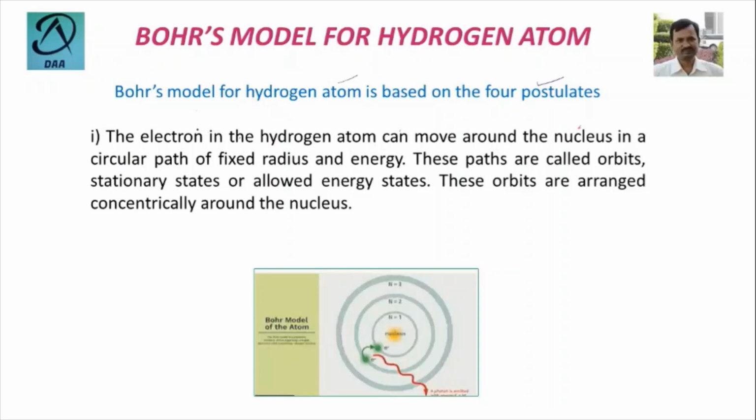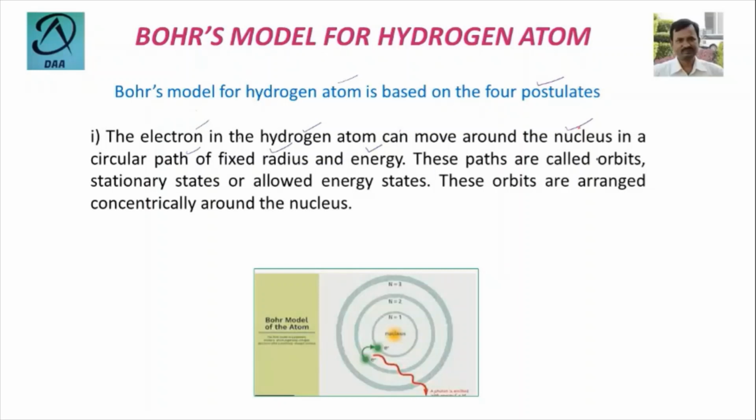Number 1: the electron in the hydrogen atom, you know that there is only one electron in the hydrogen atom, can move around the nucleus in a circular path of fixed radius and energy.